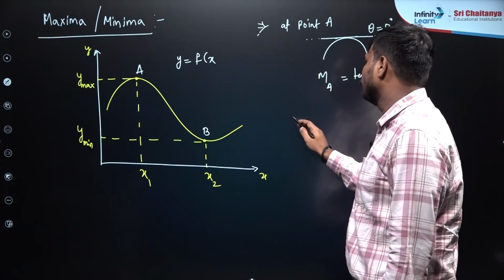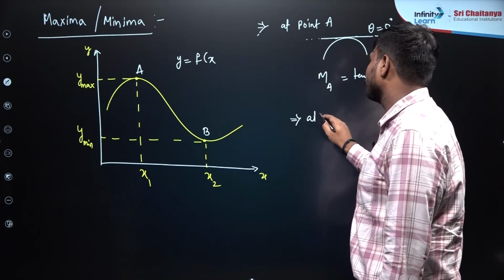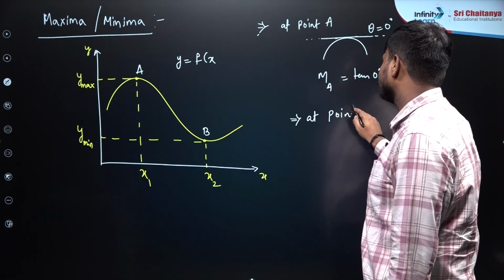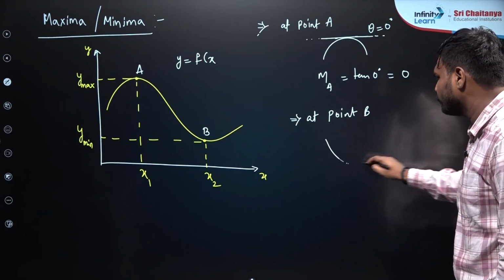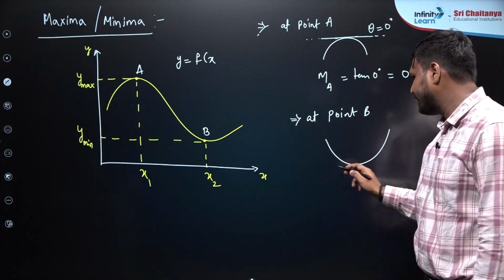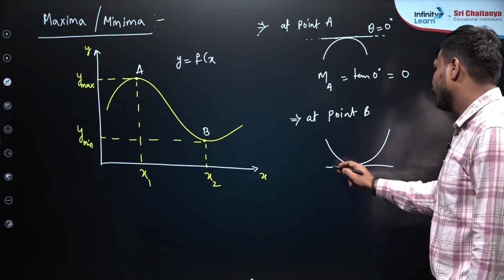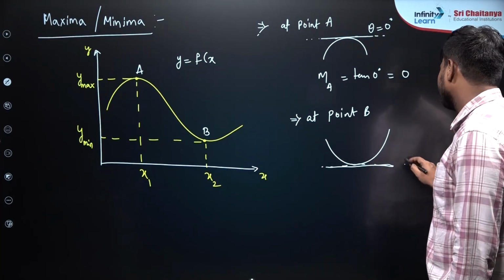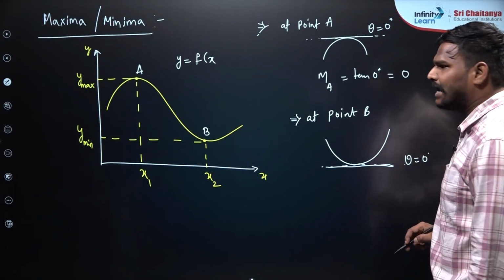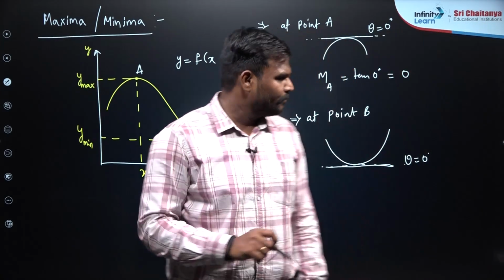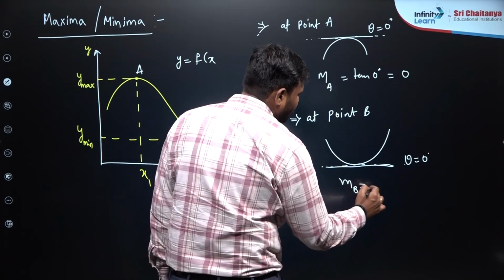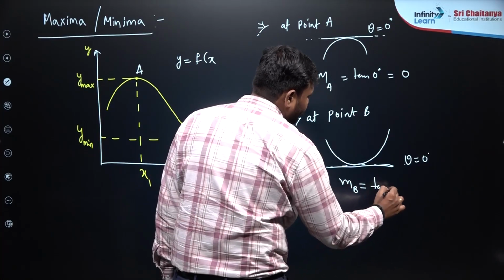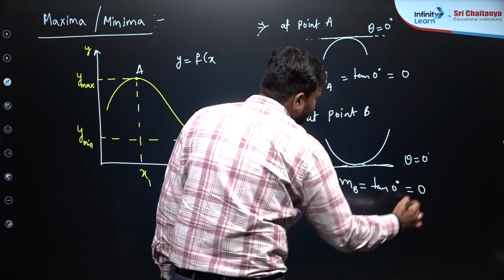Let us come back to point B. I'll draw the diagram of point B, and I'll draw a tangent here with the x-axis. What is the angle it is making? 0. So slope at point B would be how much? Again tan 0, which is 0.